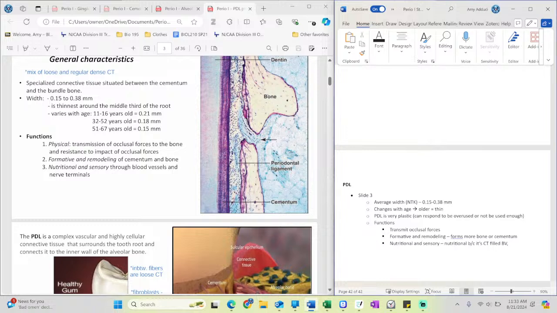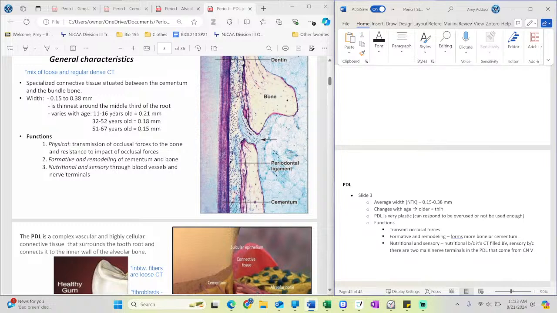And sensory, because there are two main nerve terminals in the PDL that come from cranial nerve number 5, the trigeminal nerve, and the branches from the trigeminal nerve are going to get into the PDL.